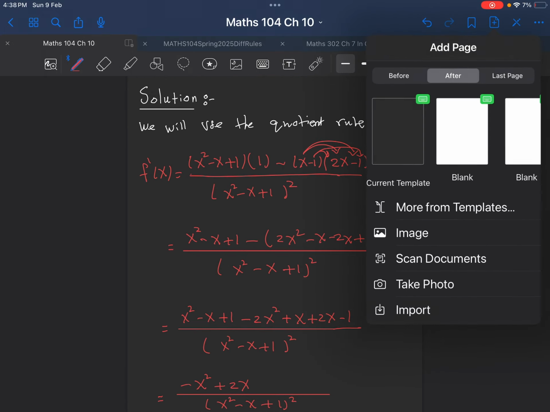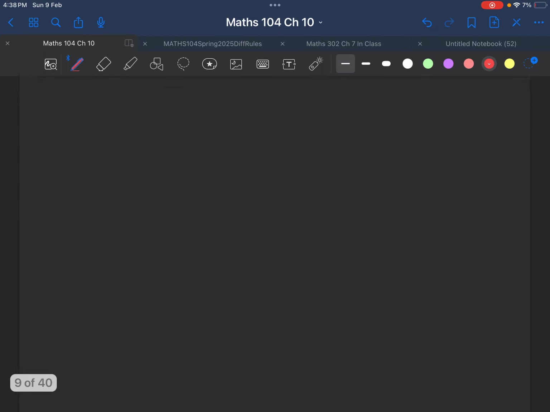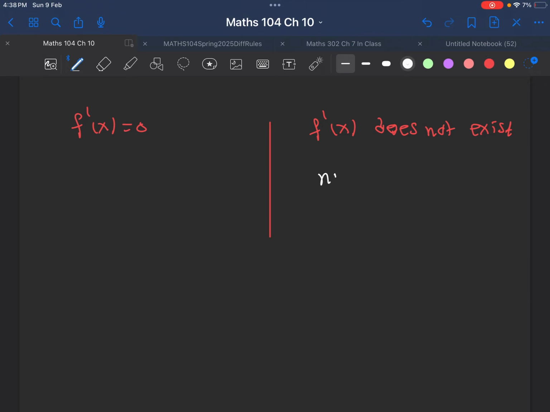Now, in order to find the critical numbers, we need to find where the derivative is equal to 0, so f prime of x equal to 0, and where the derivative does not exist. Now, the derivative does not exist when the denominator equals 0, and the denominator is this one, which means whatever is inside the bracket equal to 0.